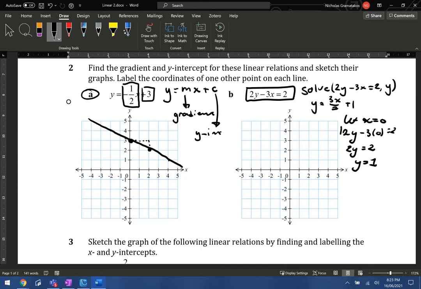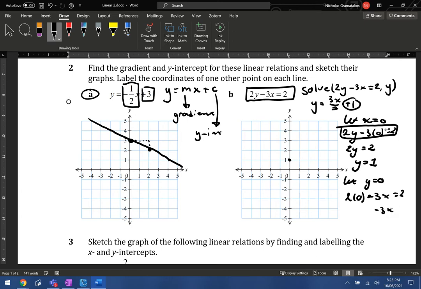You can use solve from here to get the answer, or with a bit of checking and identifying what's happening as you go. That y equals 1 value also matches the one on our standard format. So I'm going to put a dot here at y equals 1. Let's now repeat. I'm going to let y equal 0. So this time it's going to be 2 times 0 minus 3x equals 2.